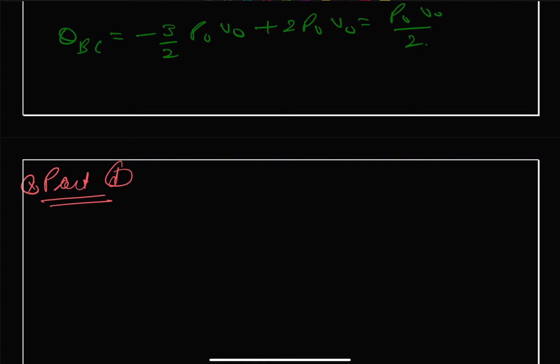So we can use the ideal gas equation, PV is equal to nRT, as well as the equation of the line BC.